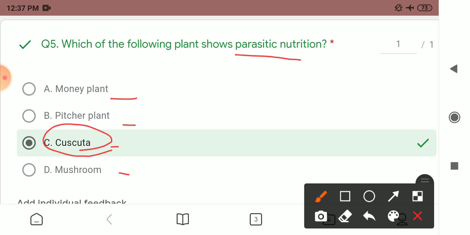So this kind of nutrition taking method is known as the parasitic nutrition. It does not make its own food, but it is getting its nutrition from the another organism or another plants. So here your answer is option C, that is cuscuta.